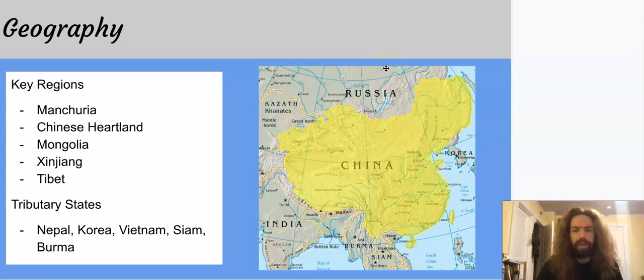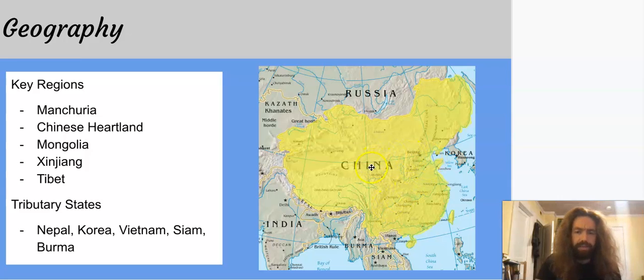So first of all, the Manchu, the people who actually found the Qing Dynasty, come from this region here. This northeastern chunk of China is Manchuria. It's cold, it's mountainous, and these guys are a nomadic group, a fiercely militaristic group, and they're able to exploit weaknesses in the Ming Dynasty and expand down into the Chinese heartland.